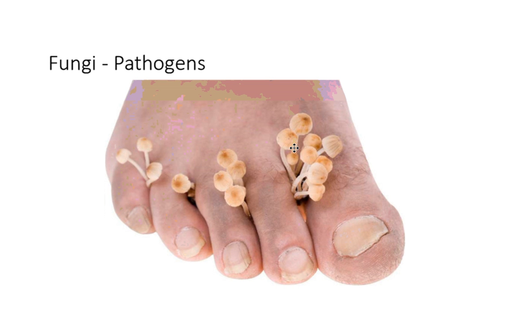This is obviously not a real photo, I don't guess, but athlete's foot is an example of a pathogen. Wheat rust, corn smut, a couple of other pathogens in plants, ringworm, and some others like dandruff. These are all pathogens that are fungal related, and there are others much worse.